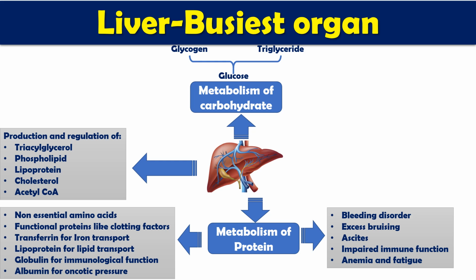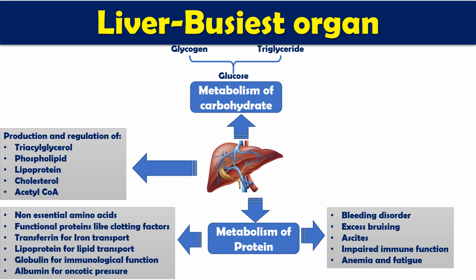Then the liver is not only responsible for carbohydrate and protein functions, but it is also involved in lipid metabolic processes. A number of lipids are produced and managed by the liver, like triacylglycerols or triglycerides, phospholipids, lipoproteins, cholesterol, acetyl coenzyme A, and other fatty acid synthesis, ketogenesis, cholesterol synthesis and excretion, and bile acid synthesis.